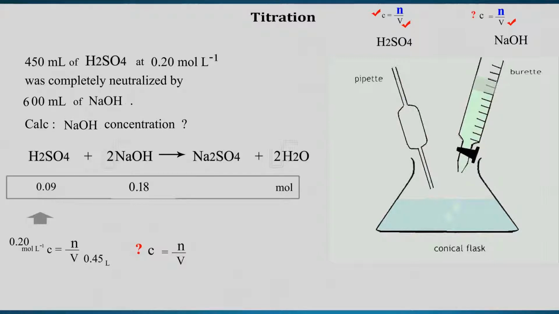Then you use this relationship. You know the volume they gave you, and the mole, so you can find the concentration. That is titration.